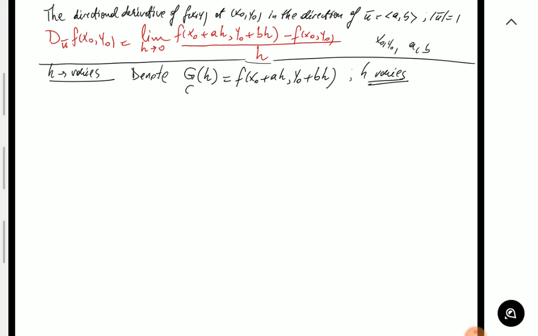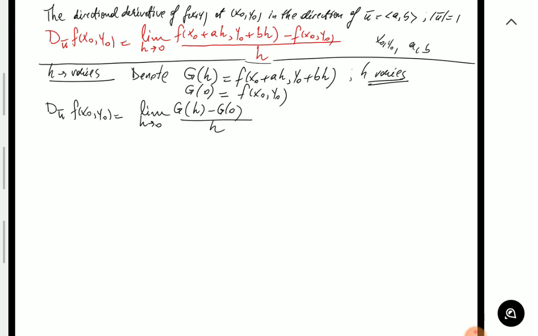Notice also that using this notation, g of 0 is nothing but f of x naught, y naught. Because if I replace h with 0, then that's x naught plus 0, y naught plus 0. So if you look carefully, in fact, my directional derivative, I can view it as the limit of a difference quotient of a function of a single variable.